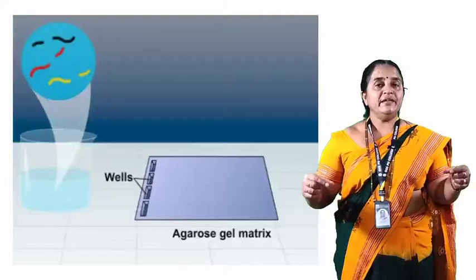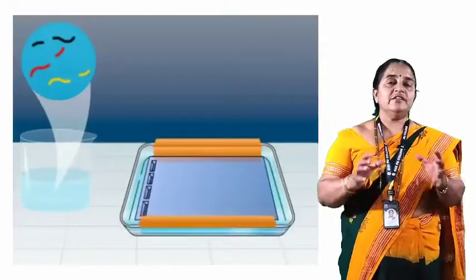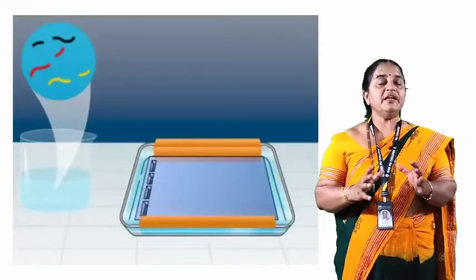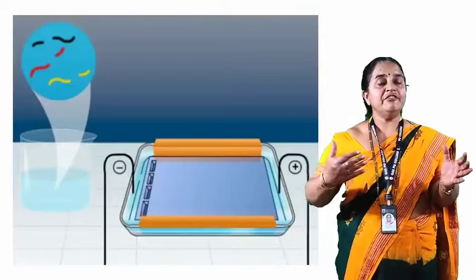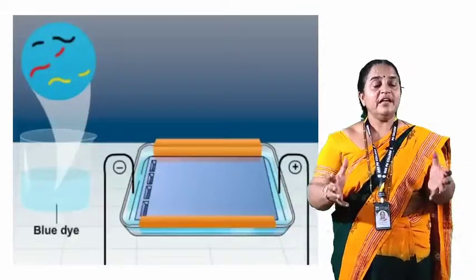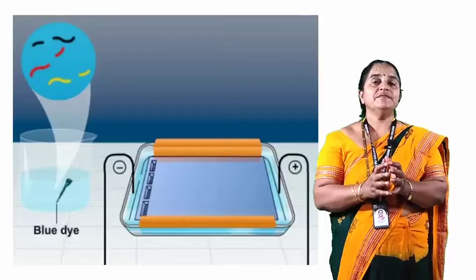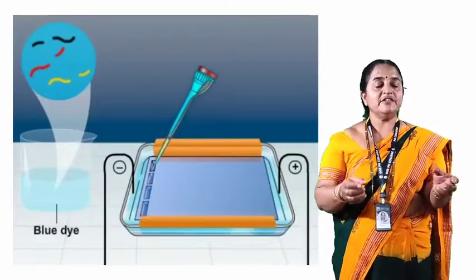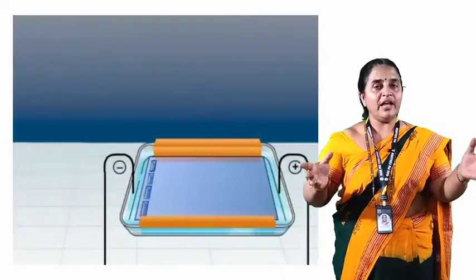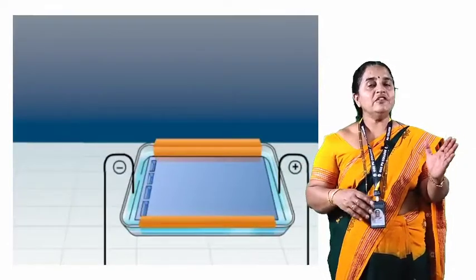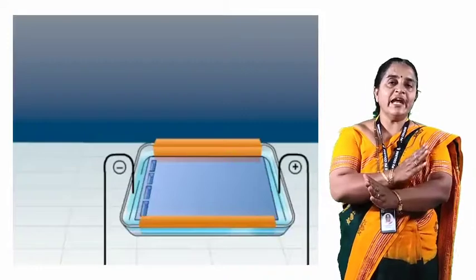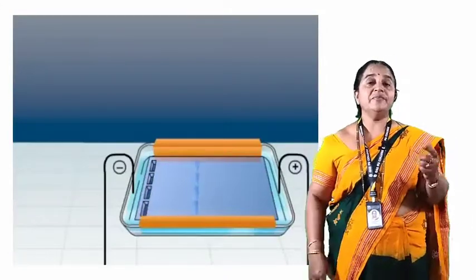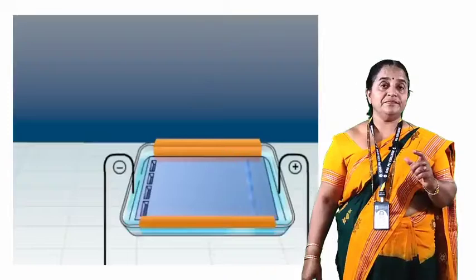There are wells made. This technique usually separates substances having different ionic properties. If we have a mixture of ions having different charges, we can release them at any one end, so cations and anions will move to opposite ends. Thus we can segregate them according to the charge available.